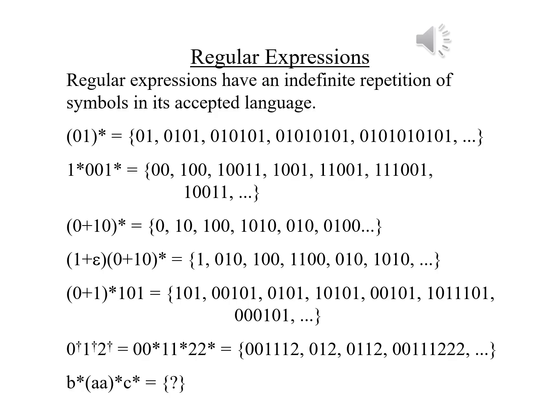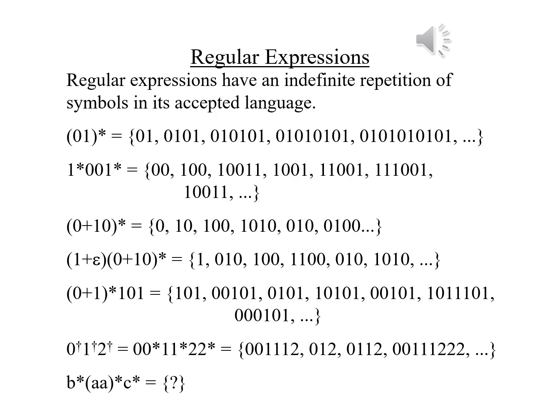In the first case, we have open parenthesis 0, 1, close parenthesis asterisk. So we're going to repeat the sequence 0, 1, 0 or more times. This can give us 0, 1, 0, 1, 0, 1, and so on ad infinitum.